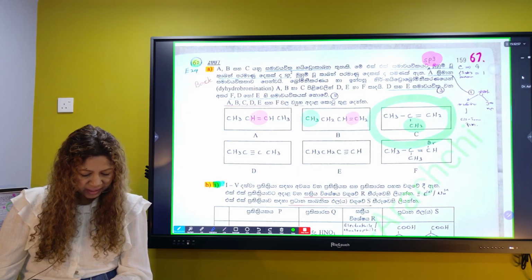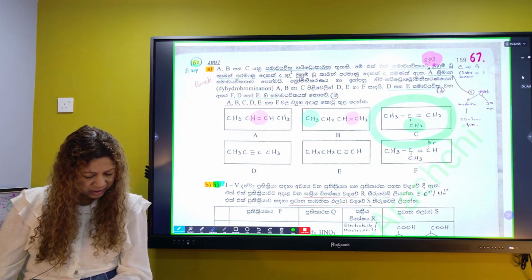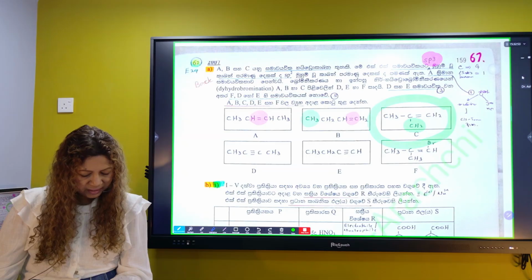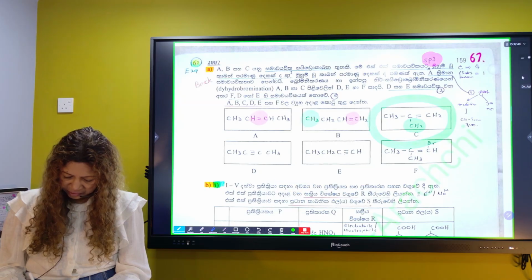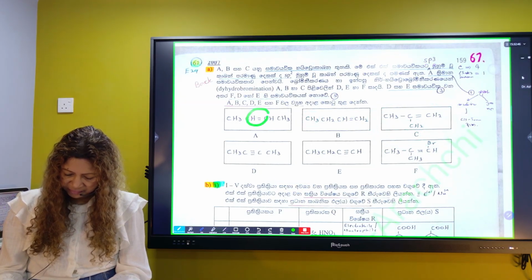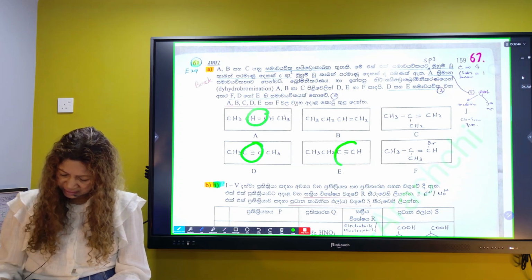Bromination followed by dehydrobromination, A, B, C form D, E, F. D and E are isomers, but F is not an isomer. Two bromines and removal of them, triple bond, and then triple bond here.